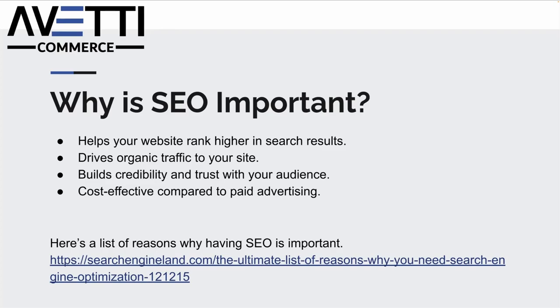We are just talking here about the top three websites on the first page: 30% if you're in first position, 15% in second position, and about 10% in third position. So it's important that you target at least the first page of the search results.